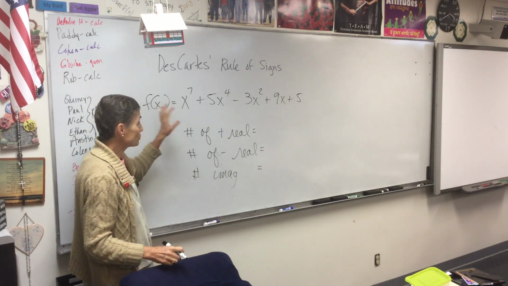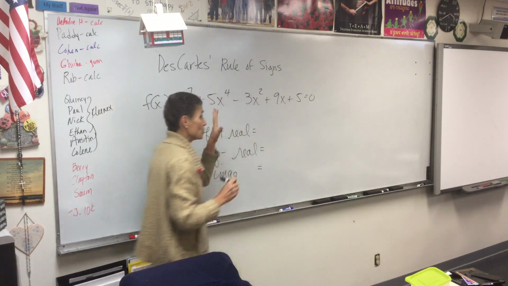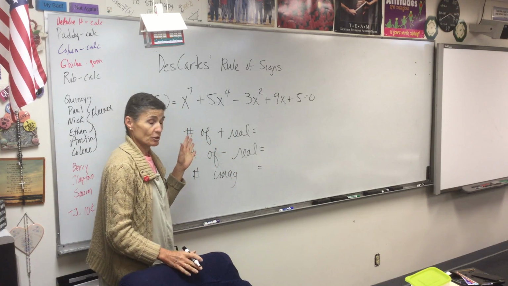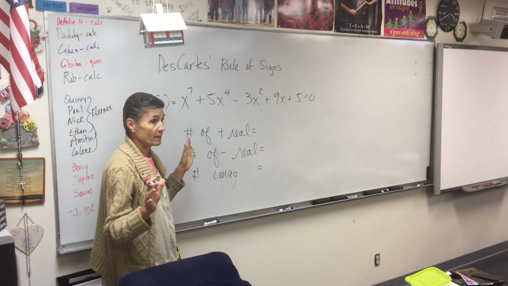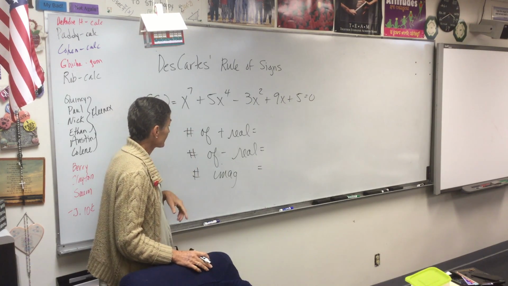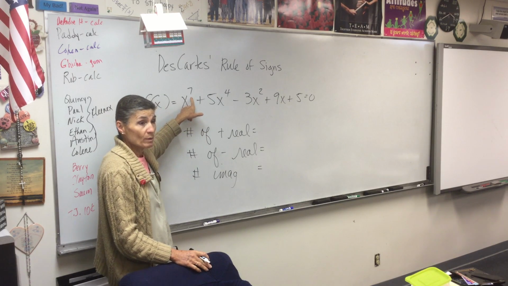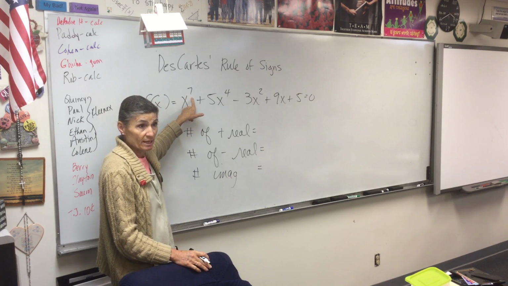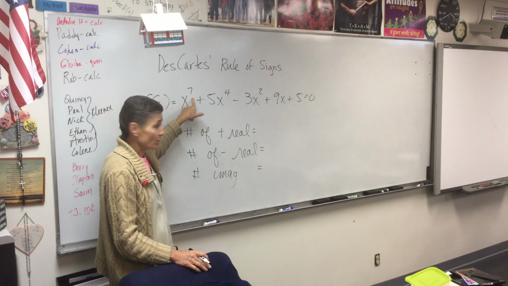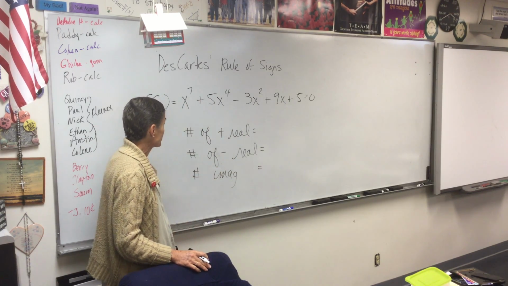You know that when you set this thing equal to 0 and solve it, some of the roots are going to be positive, some are going to be negative, and some are going to have i's in them, potentially. So we want to know, okay, well, what have we got going on? We do know that we have 7 answers altogether, right? And they're going to be divided up somehow among these classifications.